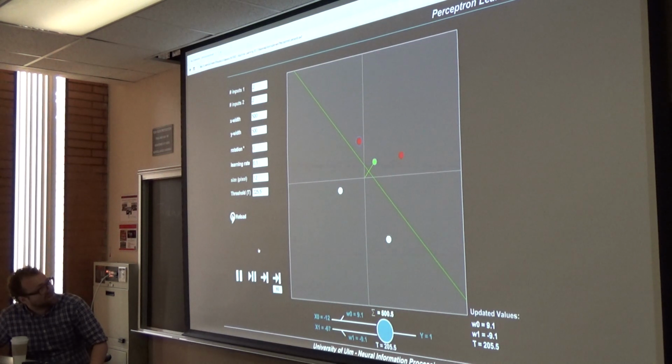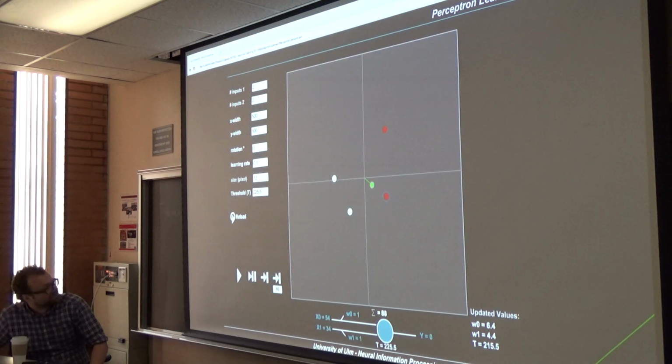Alright, so let's update that. I should probably reload the thing and do it step by step. What the perceptron looks at is this input right now. This input is located here, and the weights are initialized with 1 and 1.